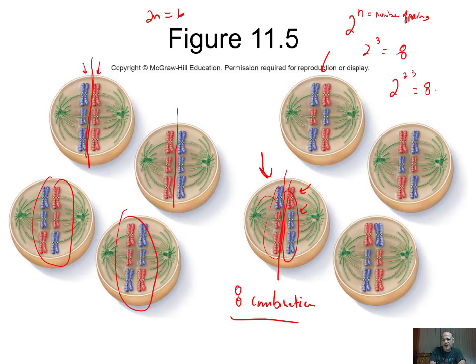So it's approximately 8 million possible combinations. Okay, there's no way we can draw those on here, right? But 8 million possible combinations is going to give you 8 million possible combinations that end up in a sperm or an egg, right?